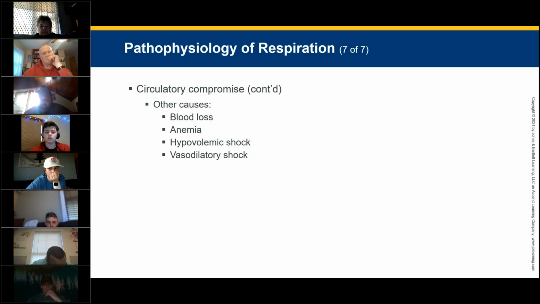All right, Alex says low plasma. So yeah, hypovolemic shock, it's essentially low blood volume. How about vasodilatory shock? It's when your blood vessels dilate and the volume or the pressure is reduced. Very good.